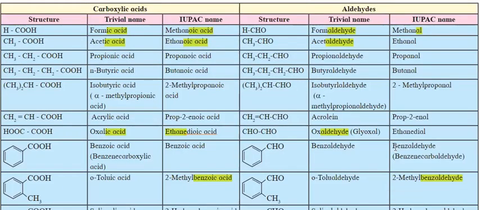These names are related to each other, therefore we have seen them together. Their names are similar, but what is the difference? In IUPAC carboxylic acid we add oic acid, and for trivial names ic acid.